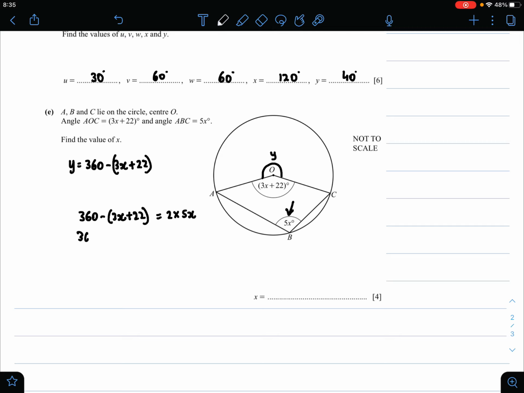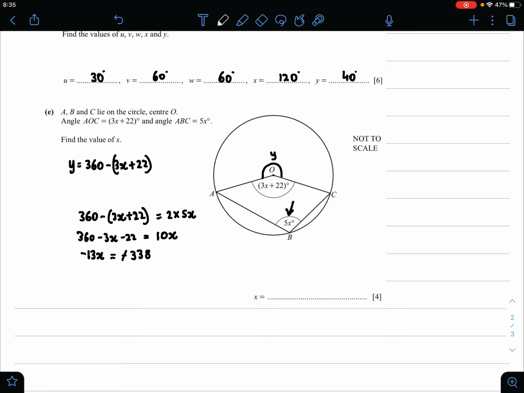So 360 minus 3x minus 22 is equal to 10x, because 2 times 5x is 10x. Now let's bring all the variables to one side and the numbers to the other side. So minus 13x is equal to negative 338.